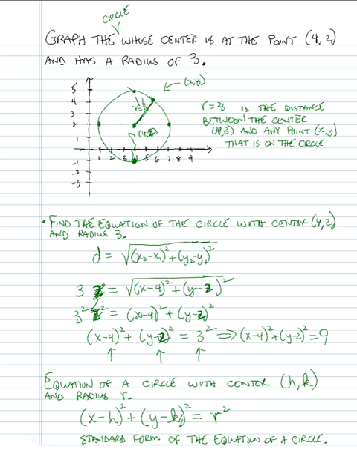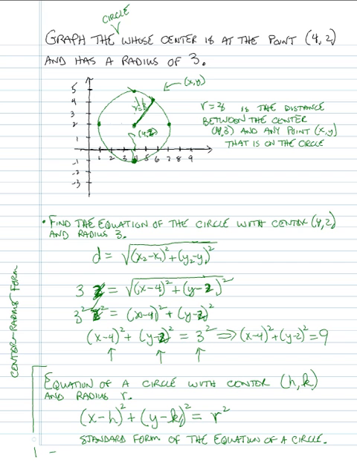Sometimes it's called the center radius form, because of course we're using the center and we're using the radius. But nonetheless, if we know the center of a circle and we know the radius of a circle, we can just plug those values into this formula and we actually have the equation of the circle.